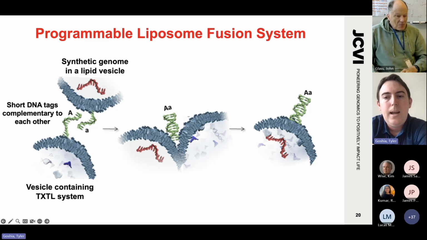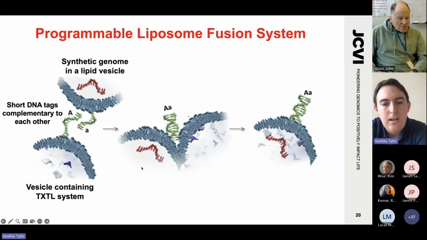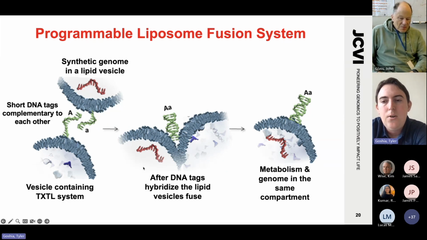So this works by anchoring complementary DNA molecules attached to their outer membranes. And this DNA duplex formation actually physically drags the outer leaflets of 2 liposomes together to fuse. So we can quite easily introduce different vesicles containing multiple targets of interest, which is markedly different than our traditional genome transplantation techniques.